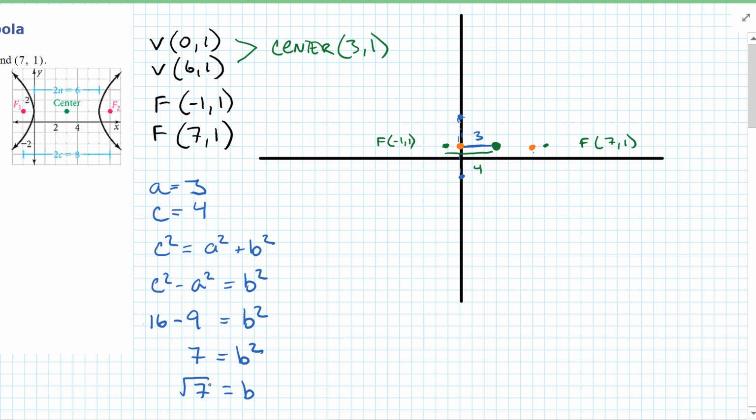Okay, and if you remember for a hyperbola, my B value helped me create my box. So square root of 7 is closer to 3, but less than, closer to 2. So about right there, about right there, about right there, about right there. So now I've got my box.